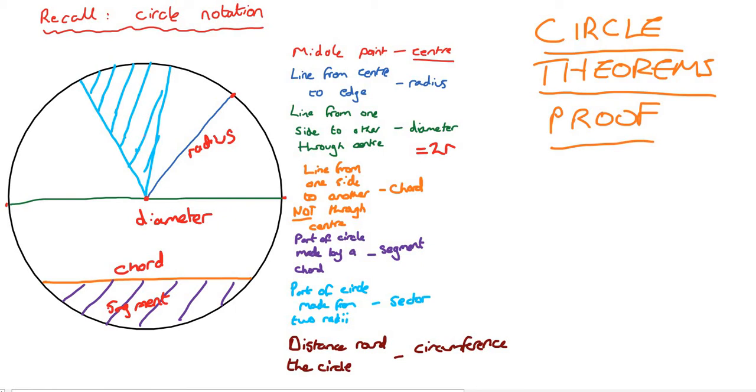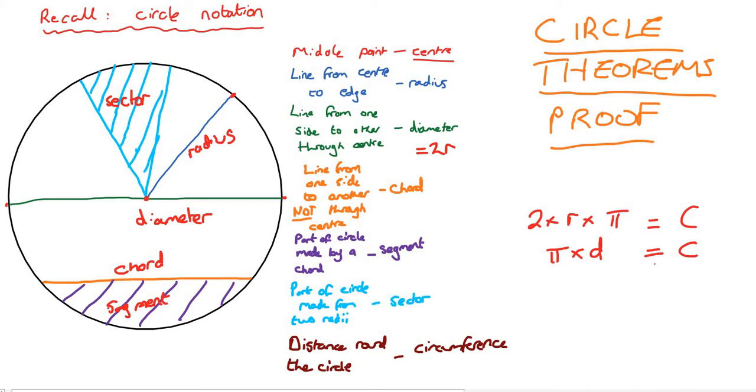We've got this blue shaded bit here and the rest of the circle, and this blue shaded part is called a sector. Finally, the distance round the outside of the circle is called the circumference. There's a nice formula for the circumference: it's 2 times r times pi. And because 2r is d, the diameter, this is just pi times d. So this equals the circumference.